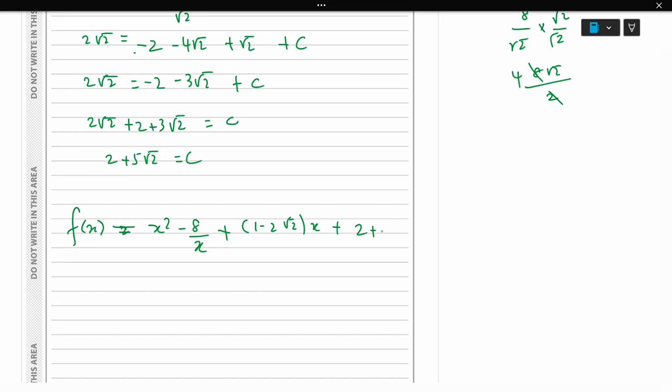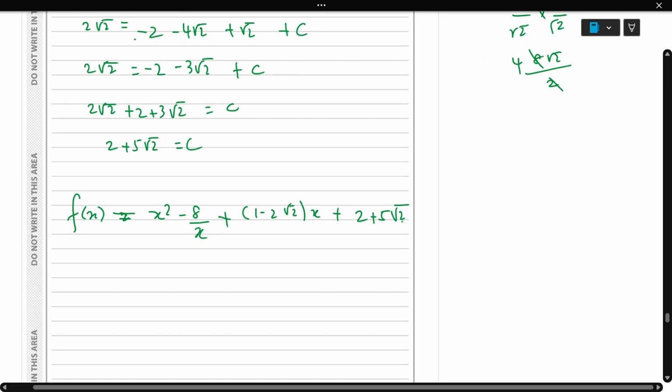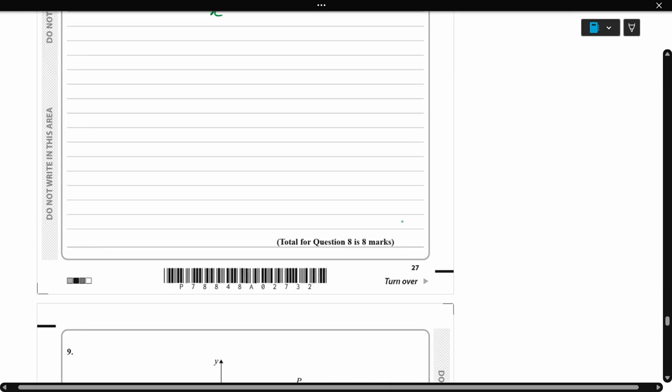C is 2 plus 5 root 2. This is the final answer: x square minus 8 by x plus 1 minus 2 root 2 into x plus 2 plus 5 root 2.